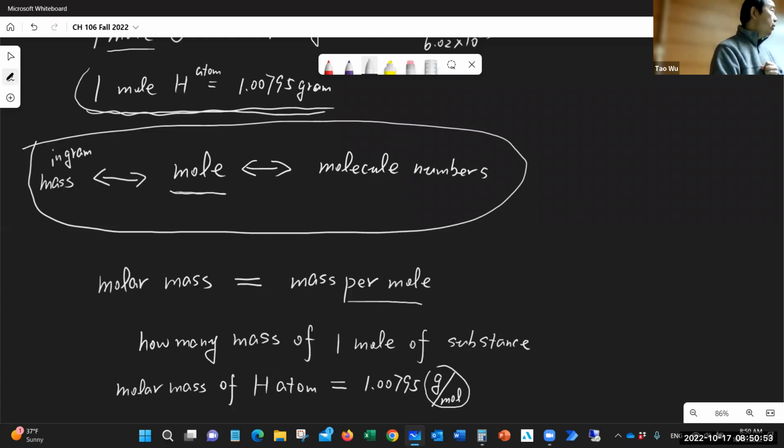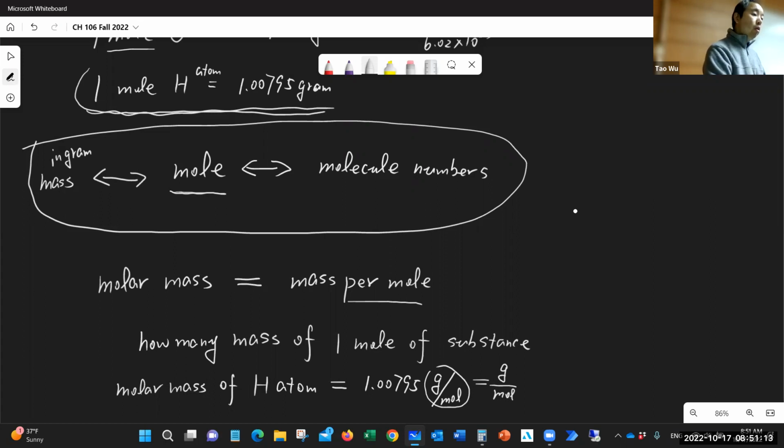The slash here has a meaning: the slash actually means division. It's gram divided by mole, and this is the unit. The slash is just a division line.